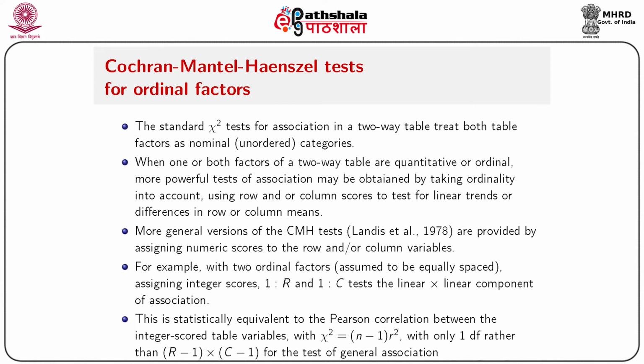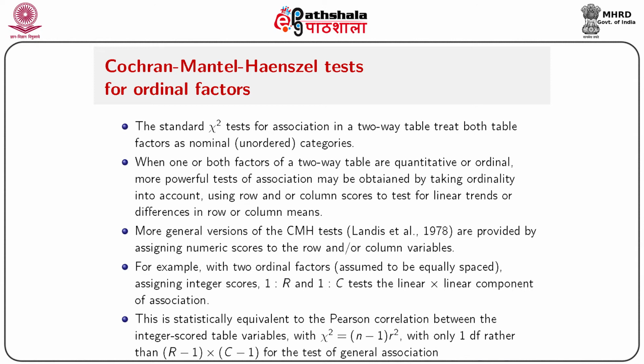More general versions of the CMH test are provided by assigning a numerical score to the rows and columns; equidistant scores can be assigned. For example, with two ordinal factors, say R and C, we can assign the scores 1 to R for the rows and 1 to C for the columns, where R rows and C columns are available in the table.